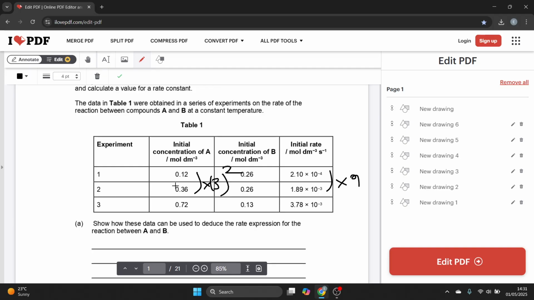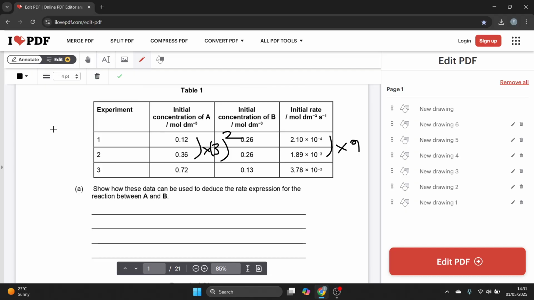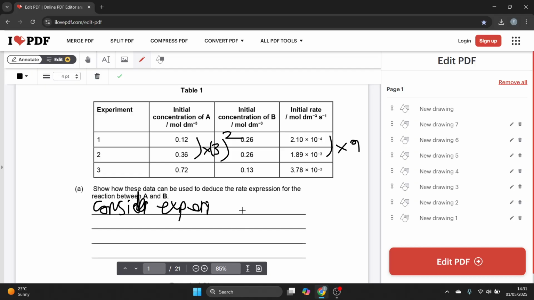So let's look at that. I'm going to say consider experiments 1 and 2.